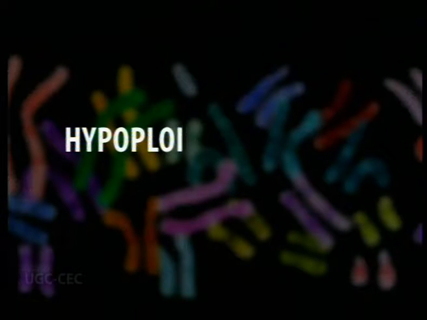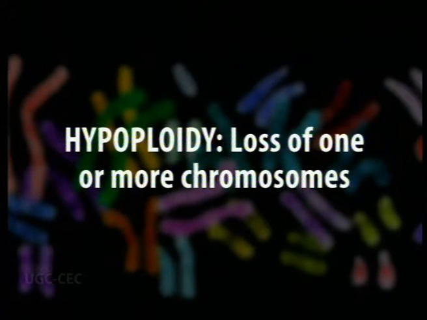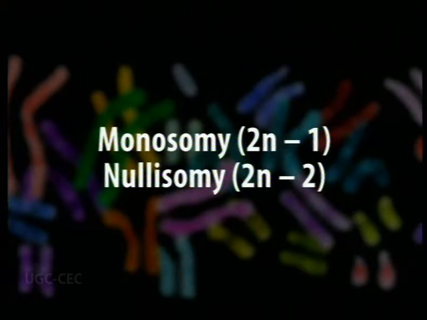Aneuploidy is of two types. Hypoploidy means loss of one or two chromosomes. Hypoploidy is further of two types: monosomy, which means the loss of a single chromosome from the somatic chromosome number, designated by 2n minus 1, or nullisomy, designated by 2n minus 2, that is, loss of two chromosomes.